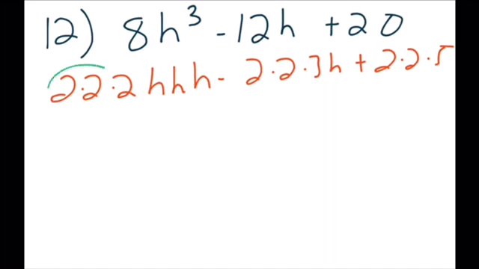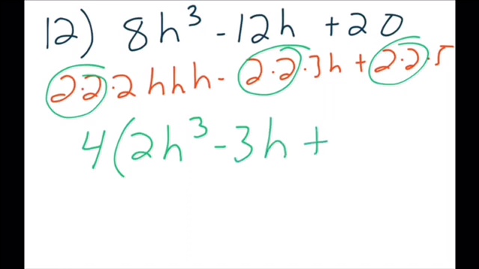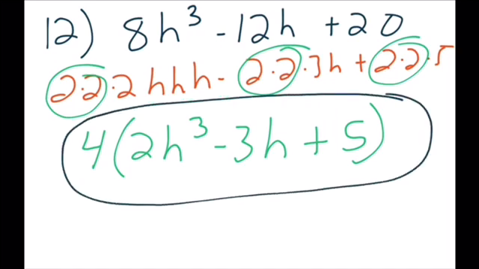Well, I can see they all have a 2 in common. So I'm going to have a 4 on the outside with a 2h to the third minus 3h plus 5. I know at this point I'm done because this trinomial right here has a leading coefficient of 2.